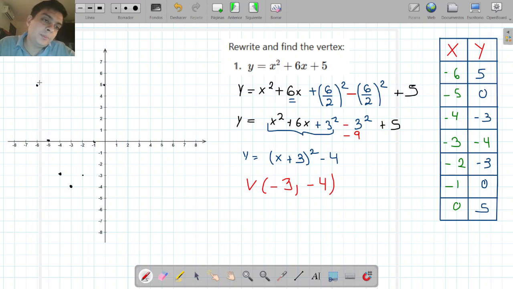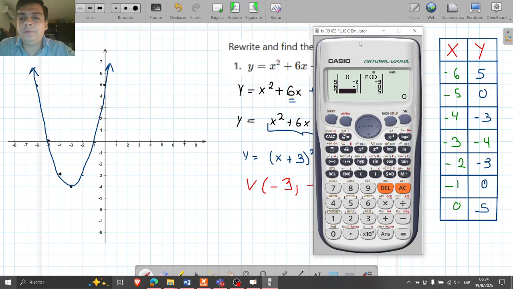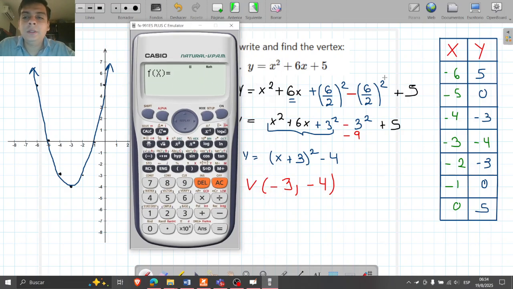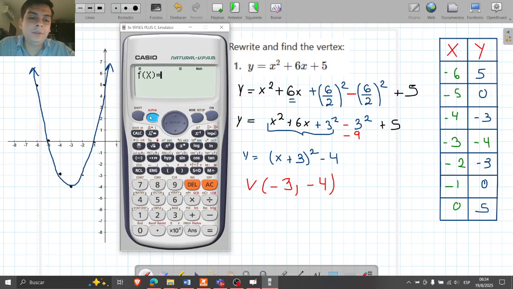What do we do? We join the points. And just like that, we finish. You can see we finish. In fact, I want to show you that if you want, we can just erase everything and write the same thing as here, plus 5.